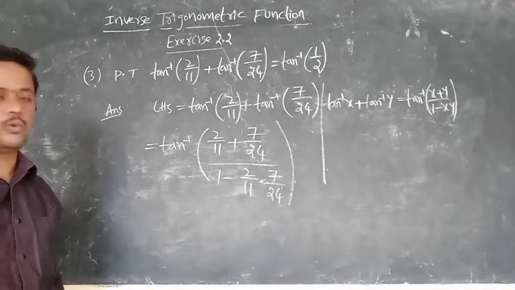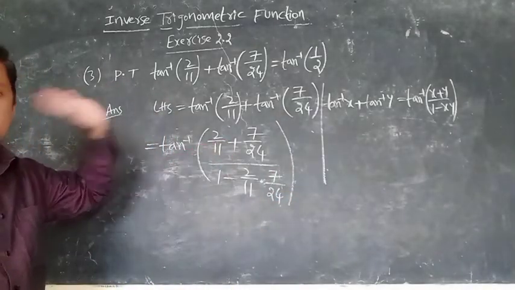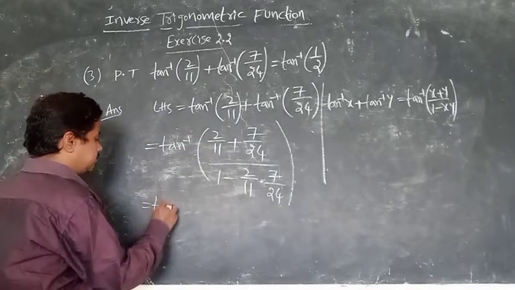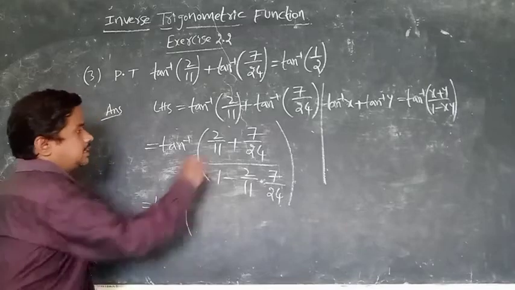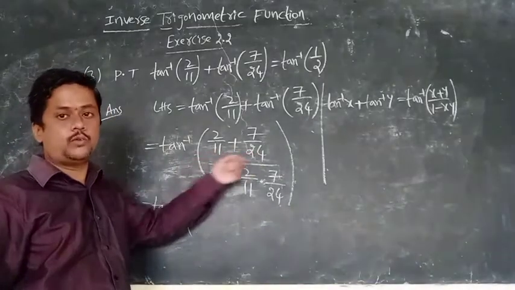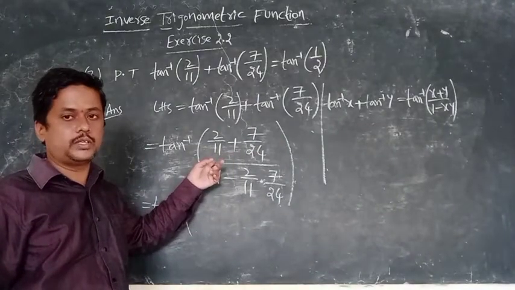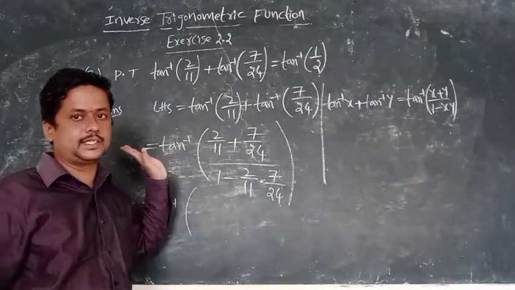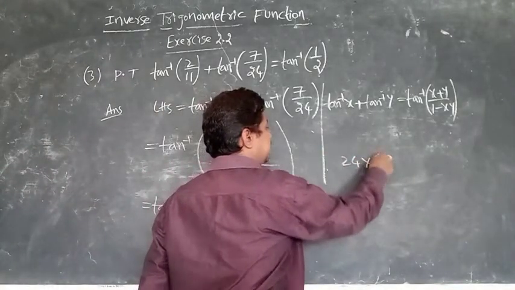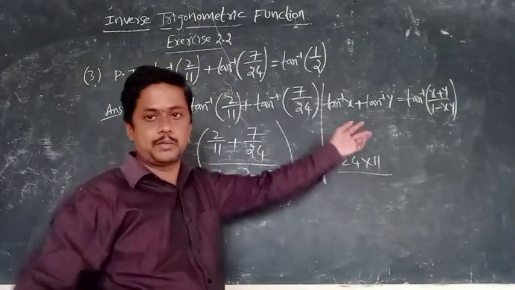Like that you have to think. Next, let us simplify this. 24 into 11. Some students make mistakes, so they take calculators. 24 into 11 — I will tell an easy technique from Vedic mathematics.